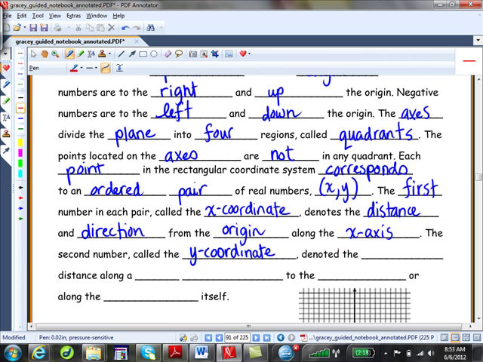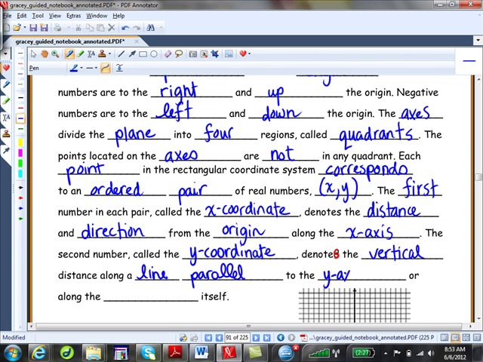Oh, sorry, there's a little typo. The y-coordinate denotes the vertical distance along a line parallel to the y-axis.